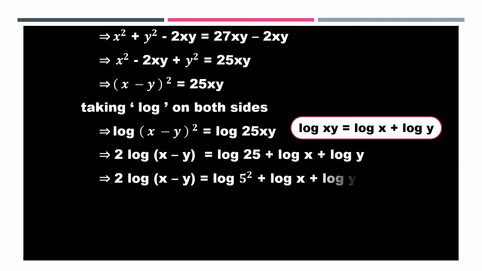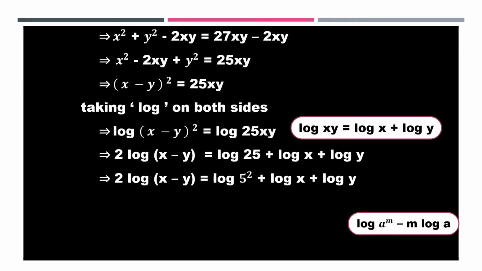Clear? So log 5 square plus log x plus log y. Why are we doing this? Because in the question he gave 2 log 5, not log 25. For that, instead of 25 I can write 5 square. Then I can shift this 2 here by using the property m log a. The power will be sent to the front.